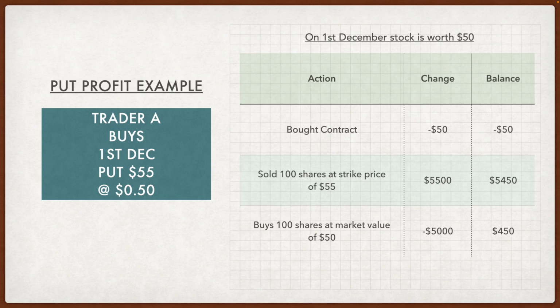However, he has a short position and he needs to cover that, so he'll need to buy 100 shares at the market value of $50, assuming of course he didn't have 100 shares to sell. So for this he pays $5,000 and his total profit is $450. So very similar outcome for both of these traders.